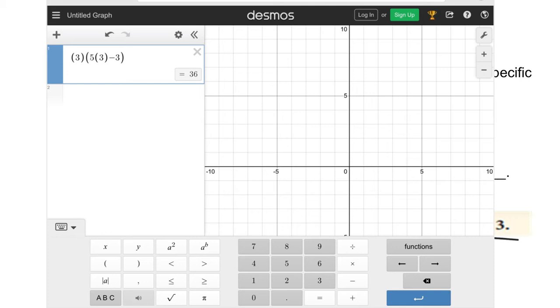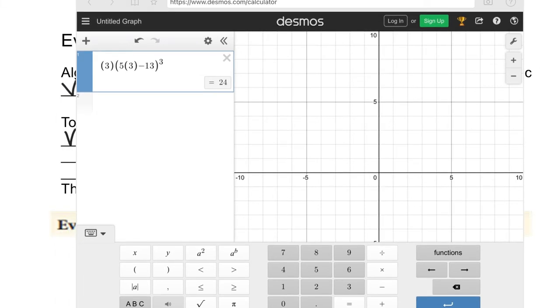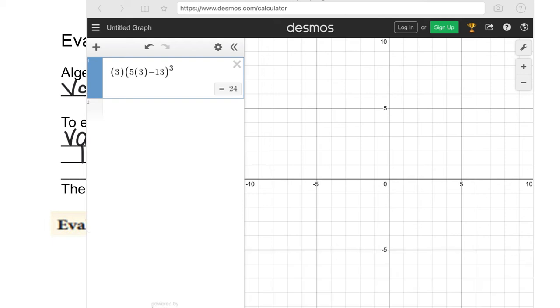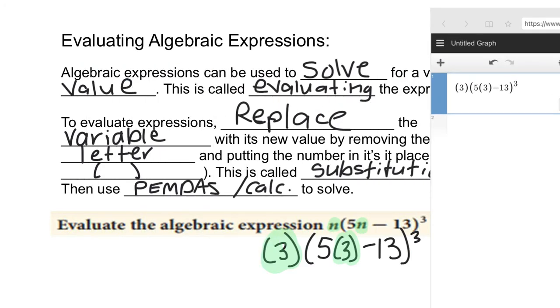So, and this was supposed to be 13, wasn't it? 13, exponent 3. And then it'll automatically give me a value. See in that box where it gave me the value of 24. So this evaluated is equal to 24. That's what they mean when they say evaluate.